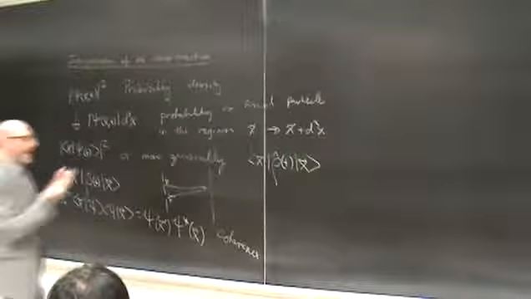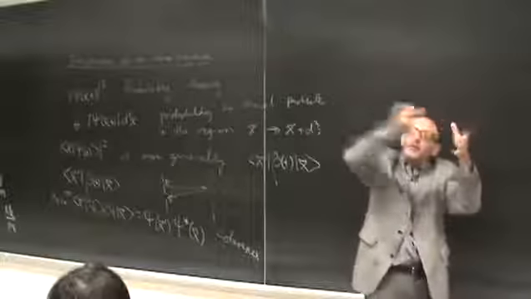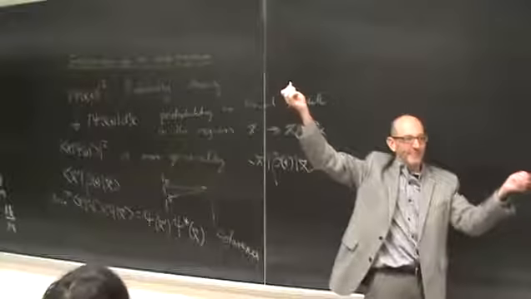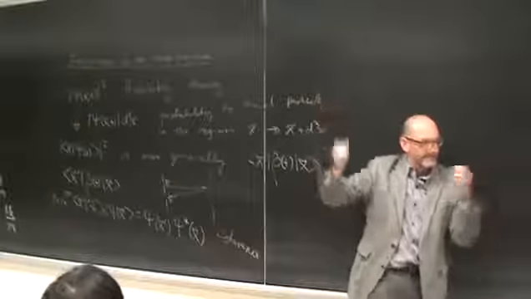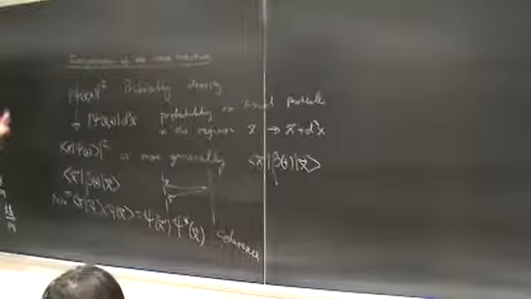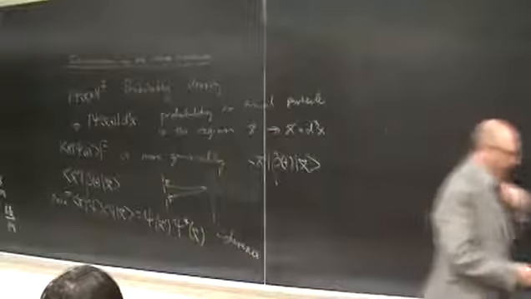I can have a situation where I have a beam that has a big uncertainty of where the particle is, but it may not exhibit coherence over that range. So that's one part of the interpretation: the probability density and the coherences.